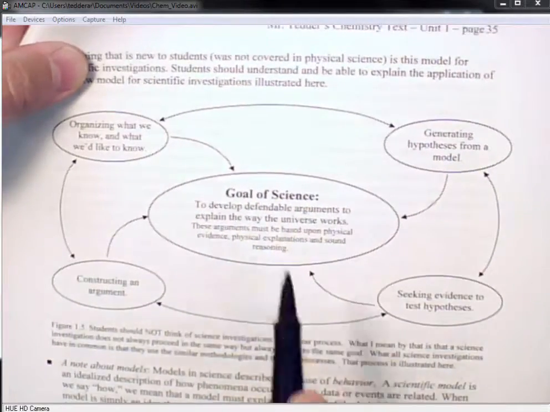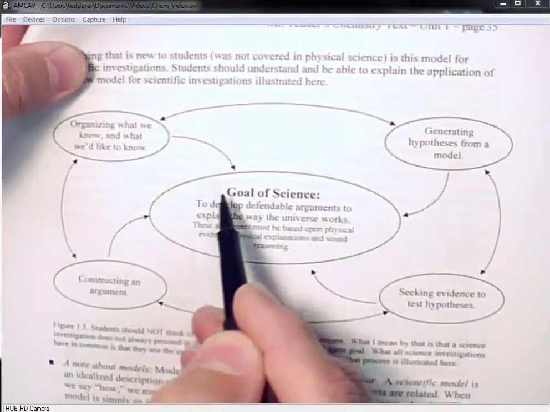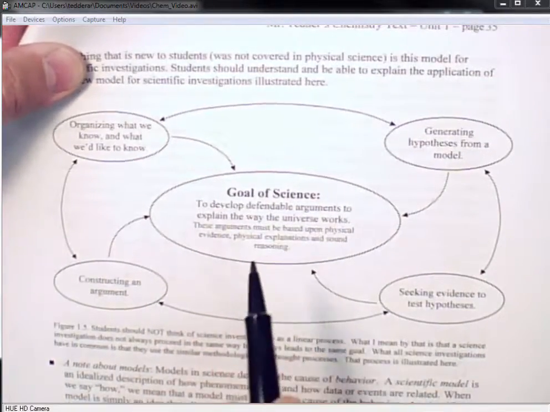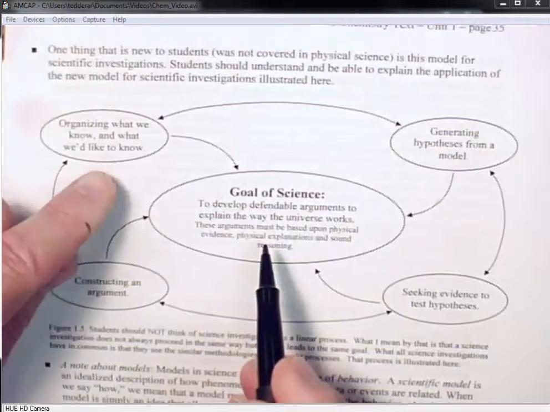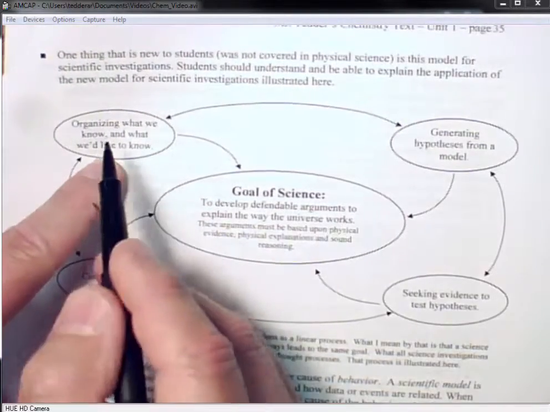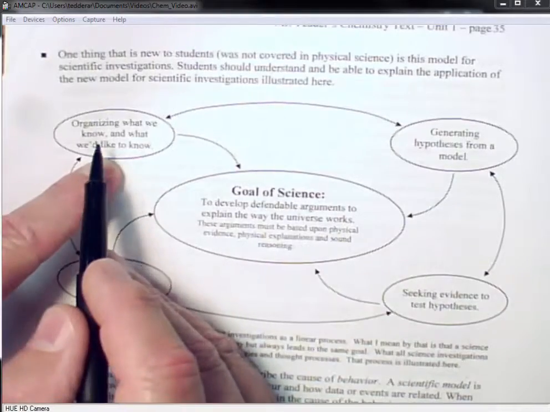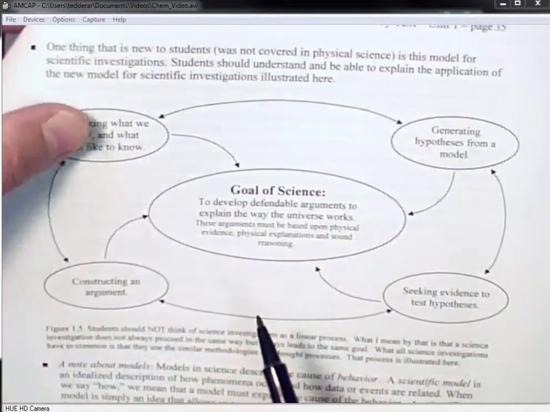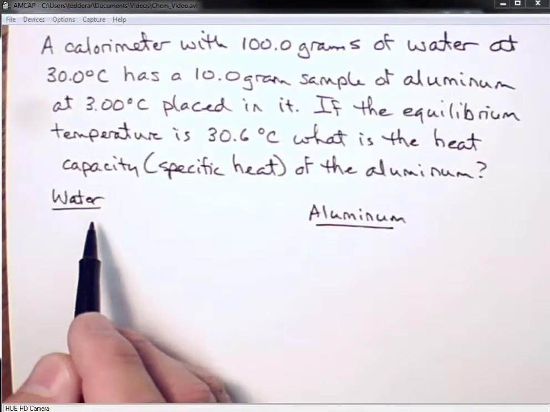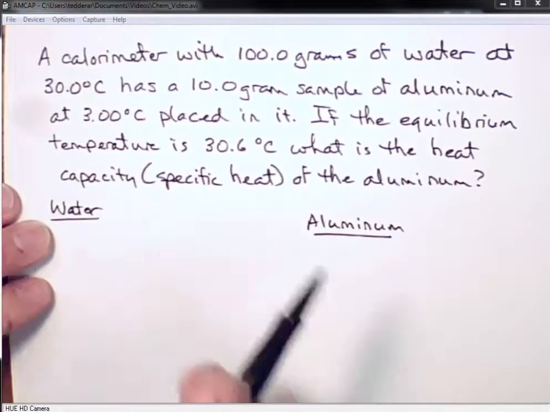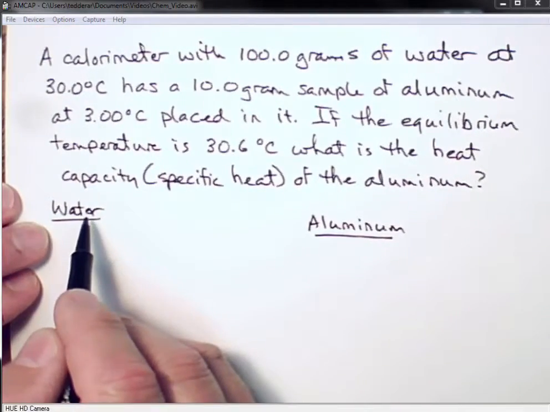We're going to look at it in terms of this organizational system, where we're trying to figure out how science gets done, what the main aim of science is. The first part, in the upper left, it's not really a first because it's continuous in a kind of wheel, is organizing what we know. Well, we're imitating that here when we're organizing what we know. So we're going to organize this stuff.